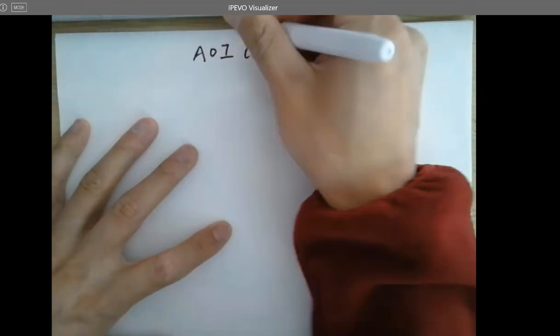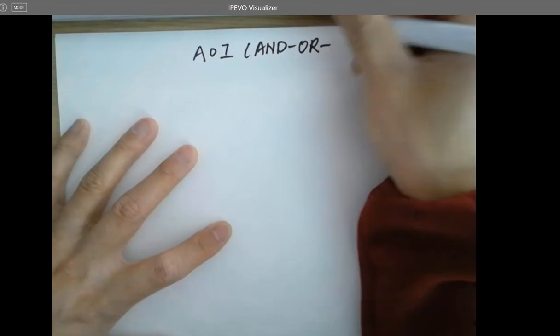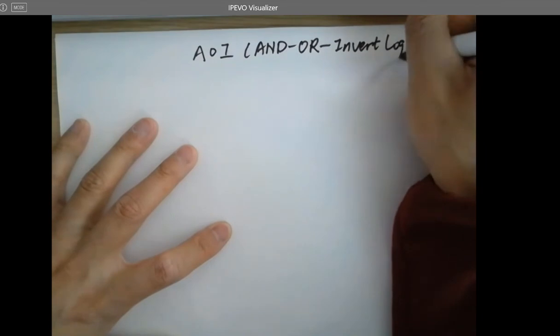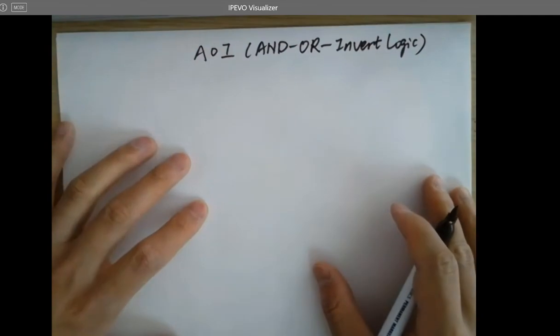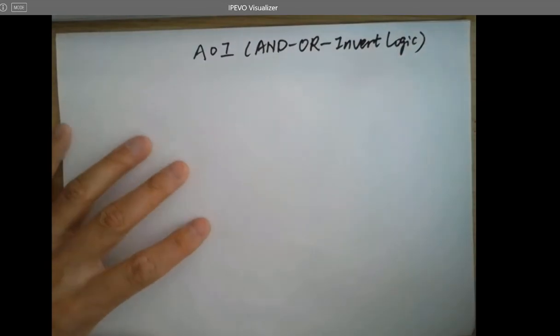AOI stands for AND, OR, invert logic. So PMOSes are being used to pull the output to the VDD, and NMOSes are used to pull the output to the ground.